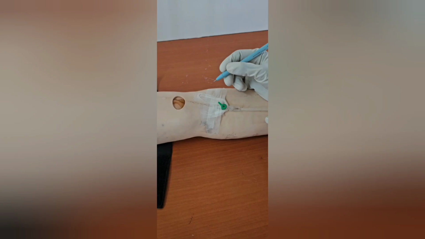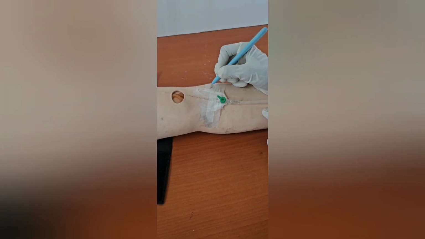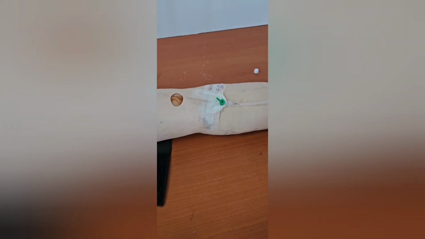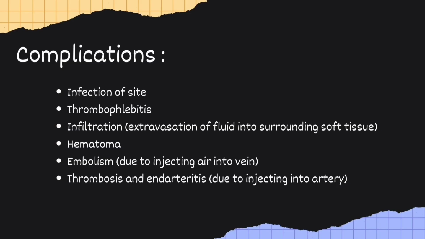Then check for pain, swelling and hematoma at the site of injection. Once that is done, paste a tape with the date and time of the initiation of the IV. Once that is done, remove the gloves, wash hands and dispose the waste appropriately according to biomedical waste management guidelines.